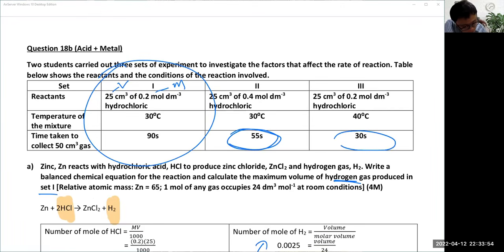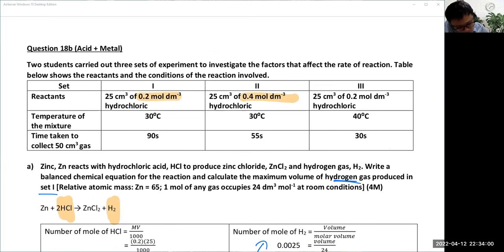We check here. The reason why set 1 and set 2 are different, I think, is this one. So this is higher concentration. For set 1 and set 3, I think the reason is here, higher temperature.